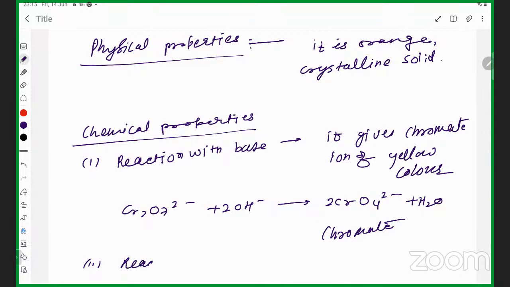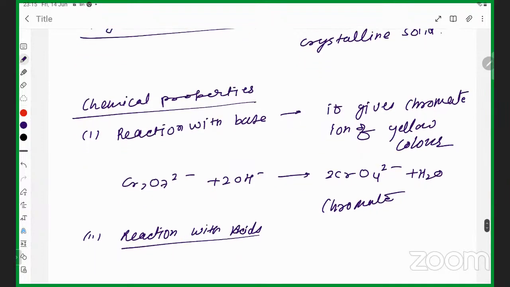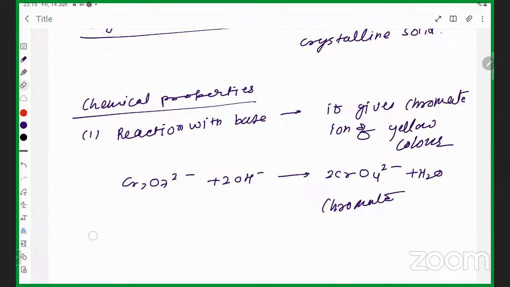Reaction with acid. It does not react with acid because it is already acidic in nature.